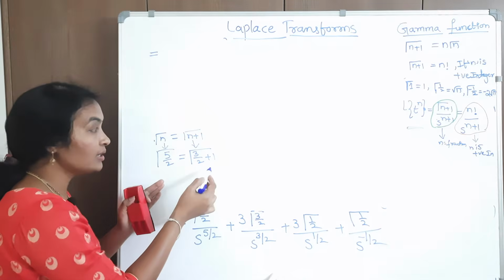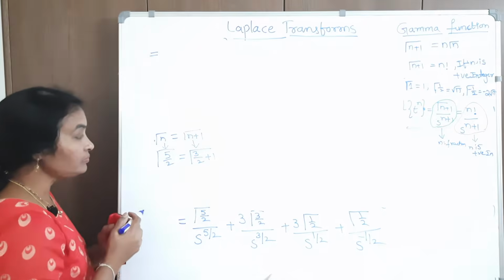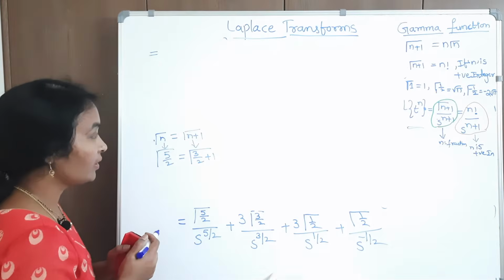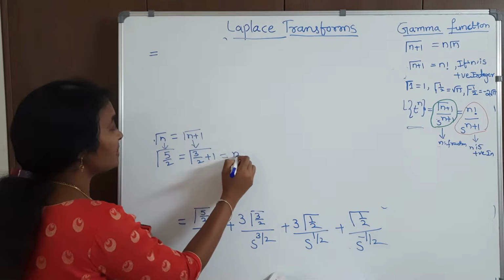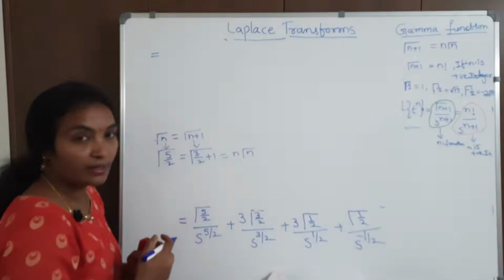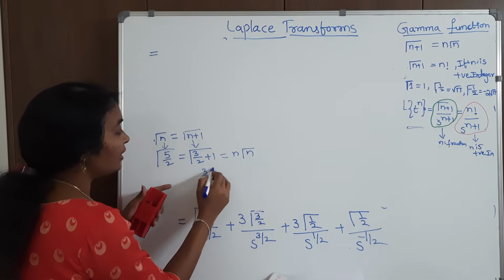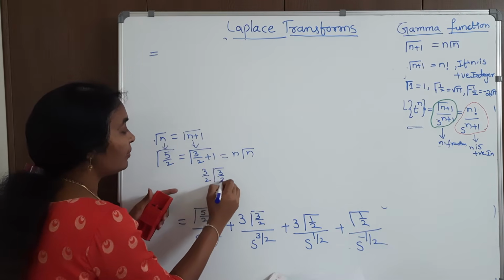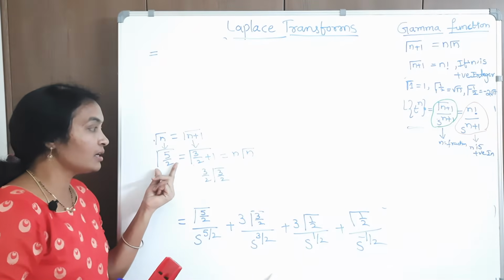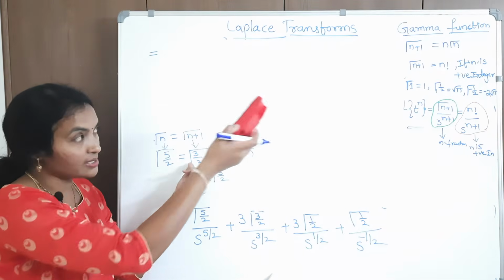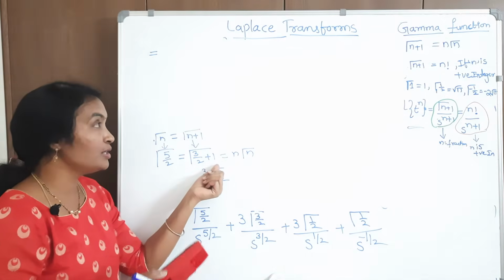Gamma of n plus 1 also represents n into gamma n. Then what is n here? 3 by 2, again gamma n. First listen carefully. 5 by 2, how do I write it? I write it as gamma of n plus 1.